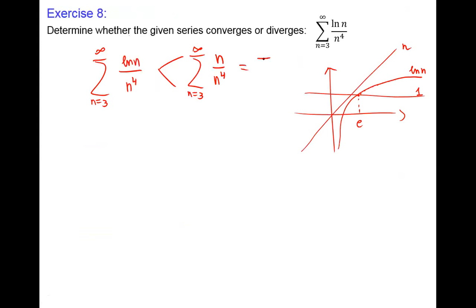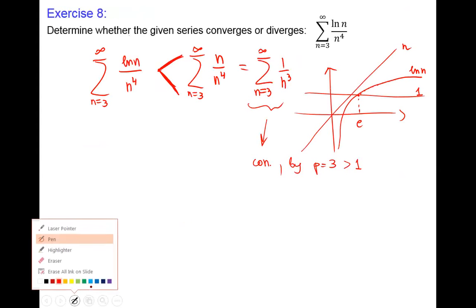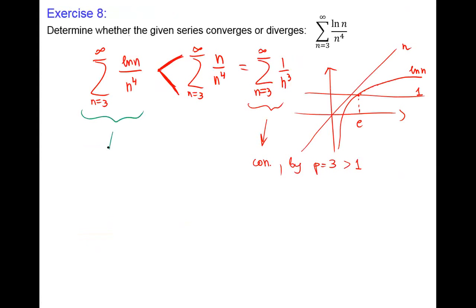I can simplify this one, of course, and I have 1 over n cubed. Excellent. This one is convergent by p being 3 greater than 1. Everything that is smaller than the finite number is a finite number. Okay, that means this one.